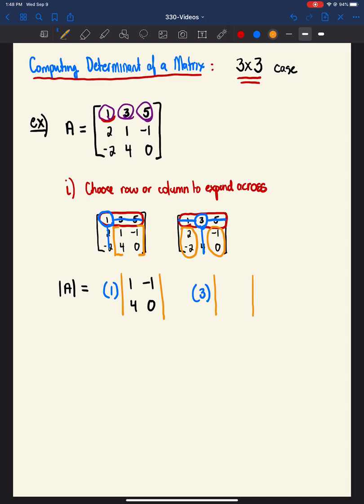And again, we take the determinant of that 2 by 2. So we'll do the same thing for that last item in the first row, that 5. And again, we're expanding across that first row, but now we're considering that last element, which is that +5. We cross out the remaining entries in the same row and the same column, and we see that the remaining submatrix there is the matrix 2, 1, -2, 4.